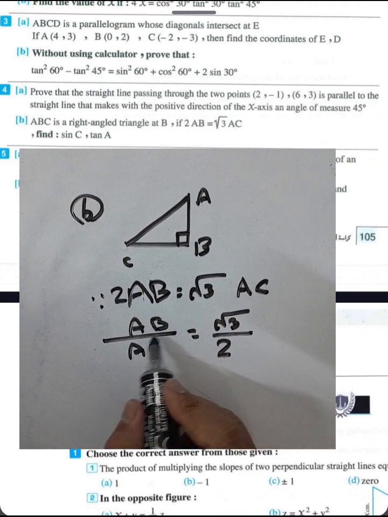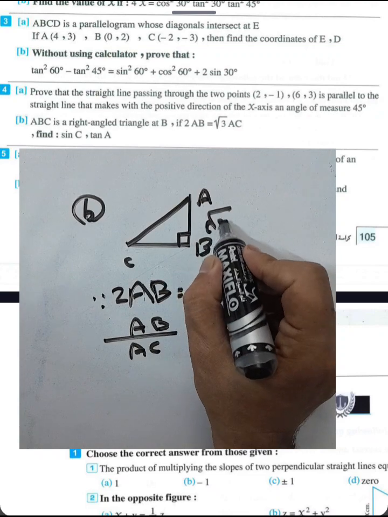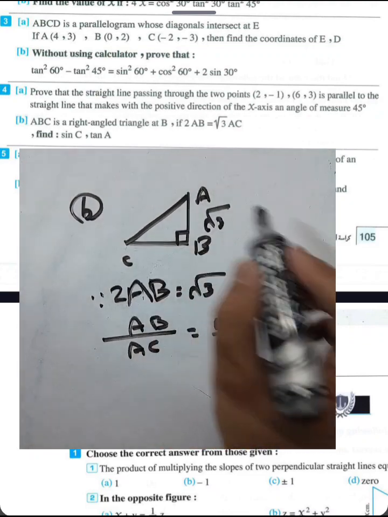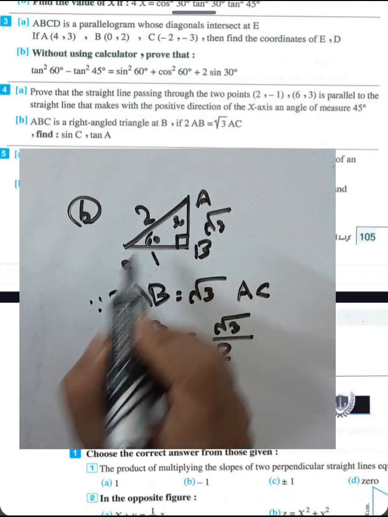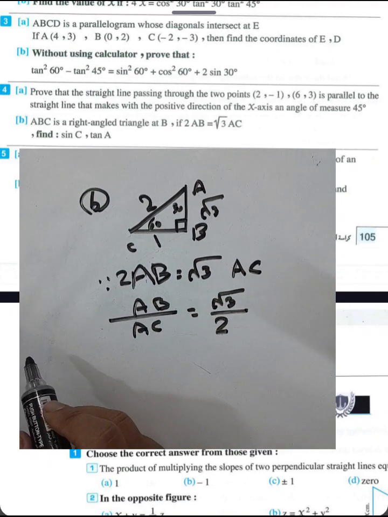Then AB equal root 3 and AC equal 2. The other side will be 1, this angle will be 30 and here 60, from the theorem of Pythagoras.